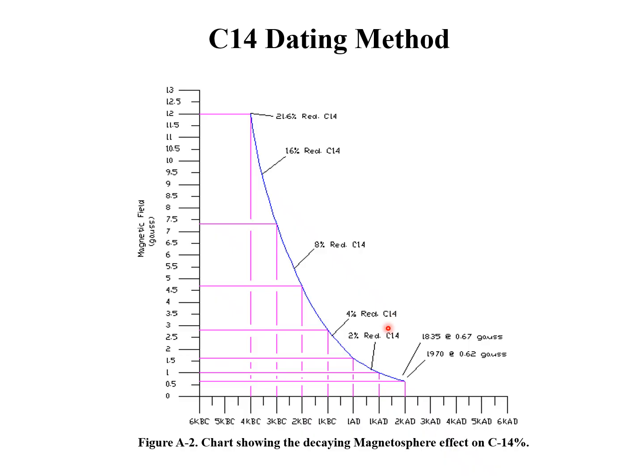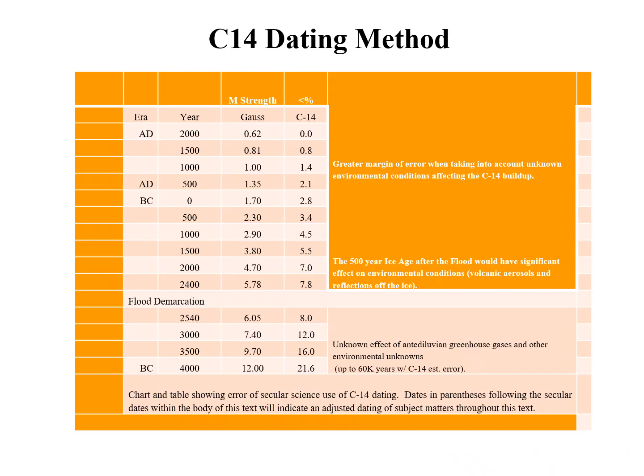Then as you go further back, 4%, 8%, 16 to 21.6% back at 4,000 BC. I'm sorry, so these are his estimates. These are estimates by Dr. Humphreys.